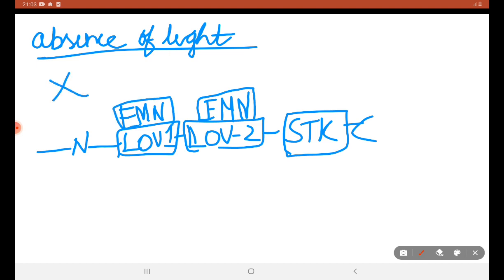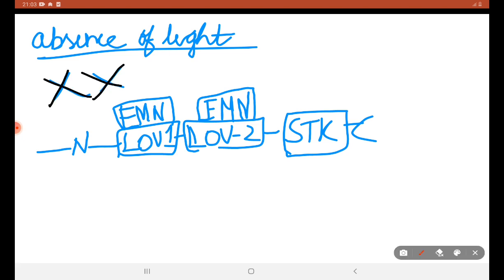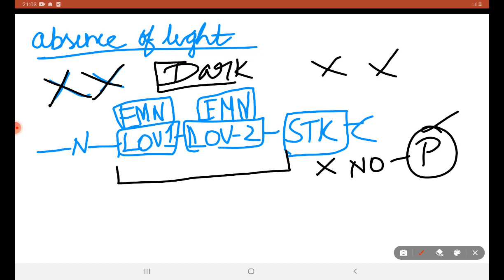When there is no light, when it is completely dark, there are no conformational changes and phosphorylation does not take place. No phosphorylation. This is the situation in the dark.